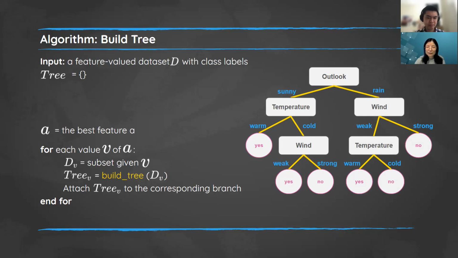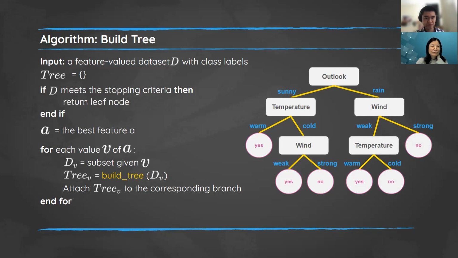Under the branch of weak, we have another feature called temperature, and that sub feature of temperature has two branches. And in this way, we build the overall tree. Once we finish building all the branches and sub features, and we put them together and return that tree, then the whole decision tree is built.